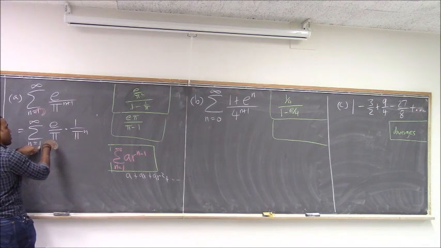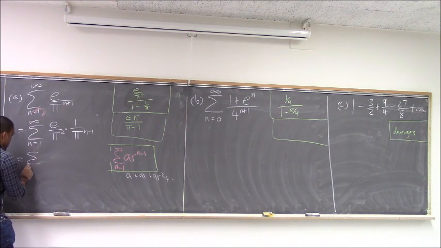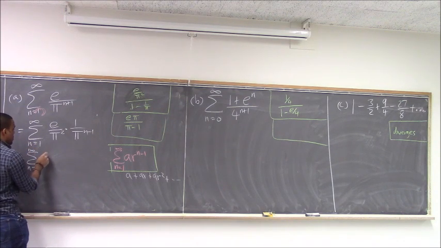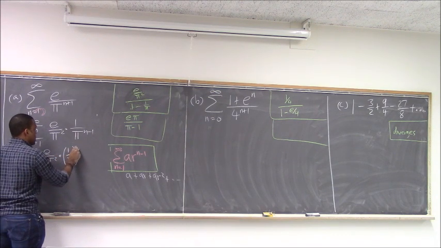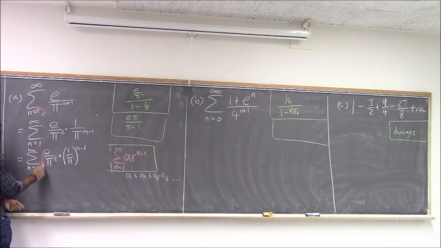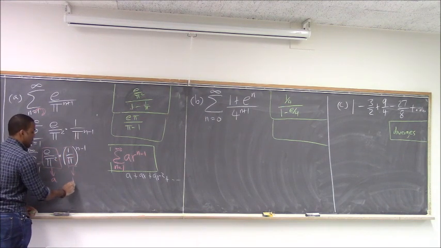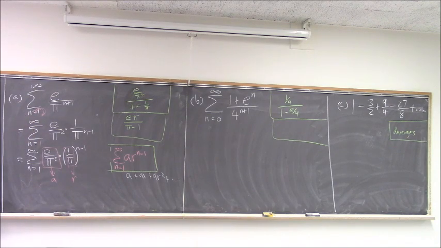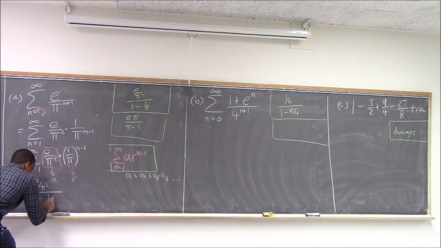So I would actually factor off an extra pi, so I can do that. Then the next thing I would get is, well, now this is e over pi squared times 1 over pi to the n minus 1. And now that looks like this, right? This here is my a, and this here is my r. That looks exactly geometric now. And so this guy would approach a over 1 minus r.